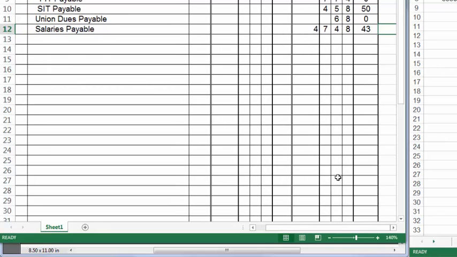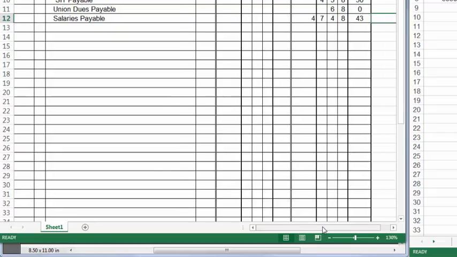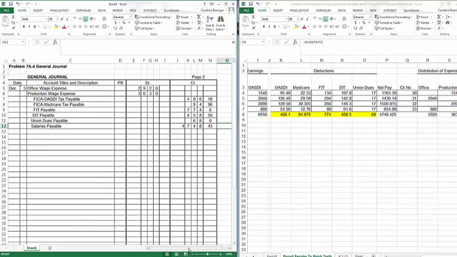Rarely do I calculate my payroll and pay my employees on the same day. There's usually a couple of day lag in there. So I haven't actually paid my employees, but I owe it to them, so I have to put it on my books as a payable.